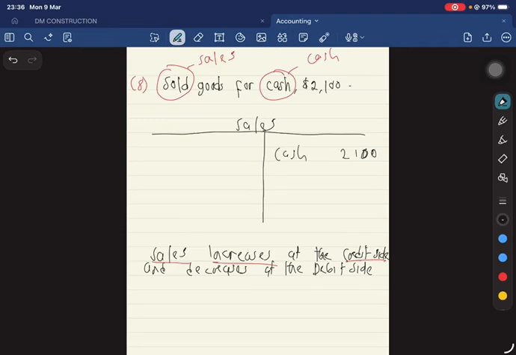And now we're going to look at the effect on cash. So we credited sales, so we know that the next account involved has to be debited. Why are we debiting it? Because cash has increased.